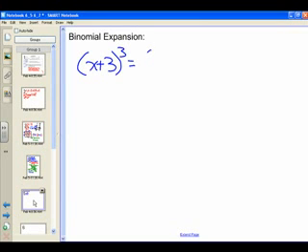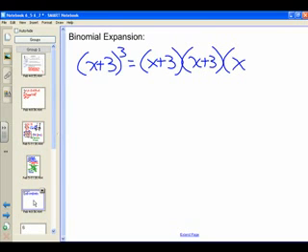So what you would do is distribute it. 3 cubed actually means 3 times 3 times 3. If I have x plus 3 cubed, it's going to be x plus 3 times x plus 3 times x plus 3.